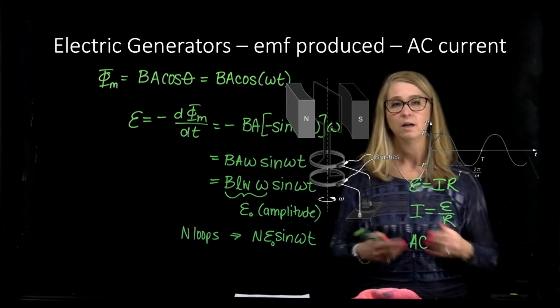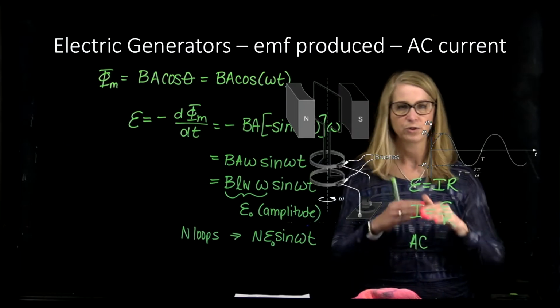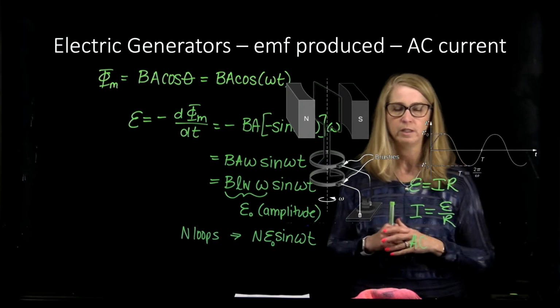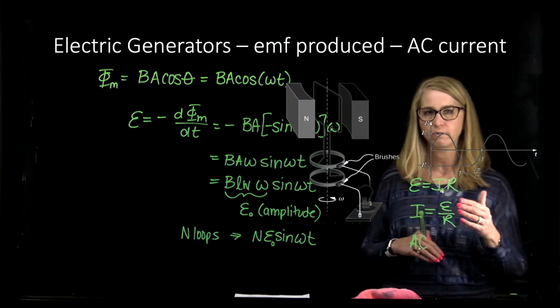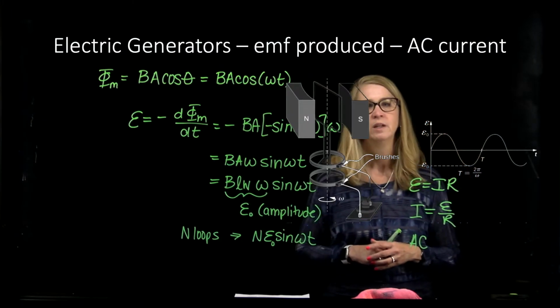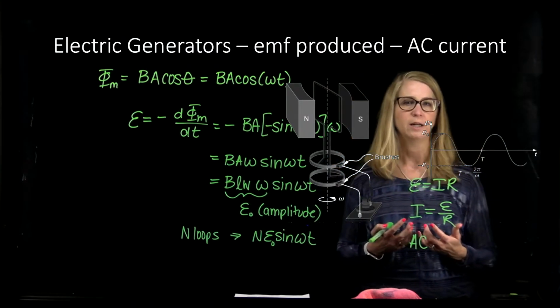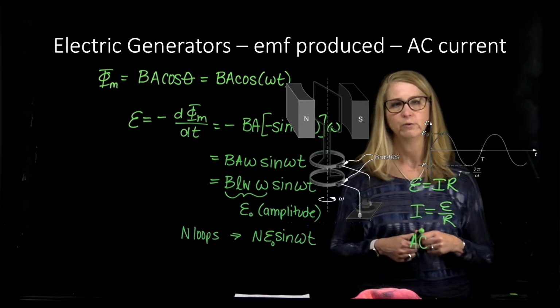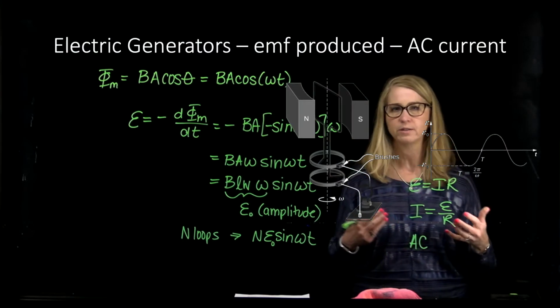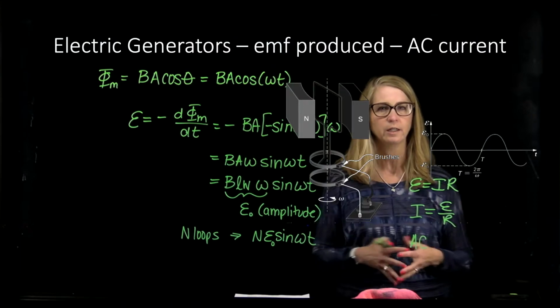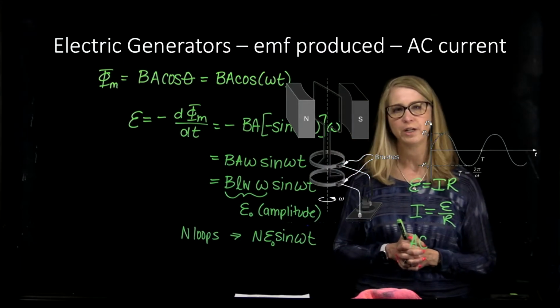It's not just constant like 3 amps, but it's varying maybe between positive 3 amps and negative 3 amps. This is the kind of current that we're getting out of the wall socket. If we plug any of our appliances into the socket, we're going to be getting alternating current.